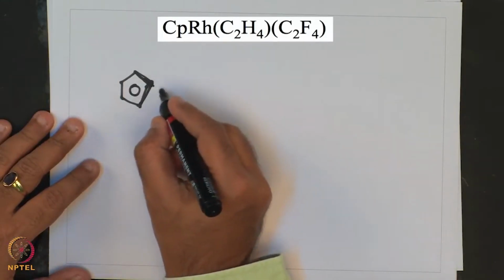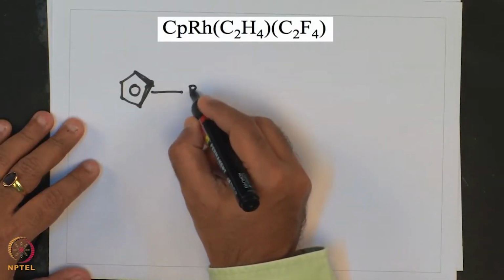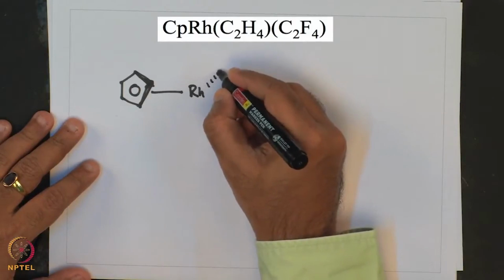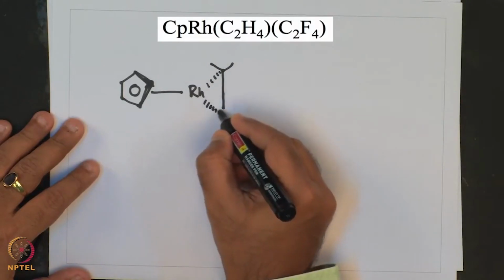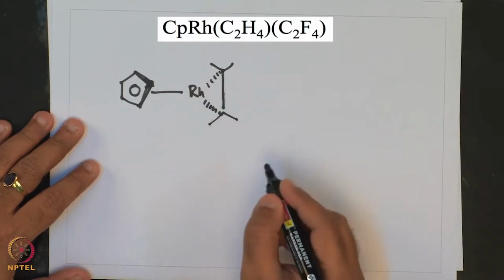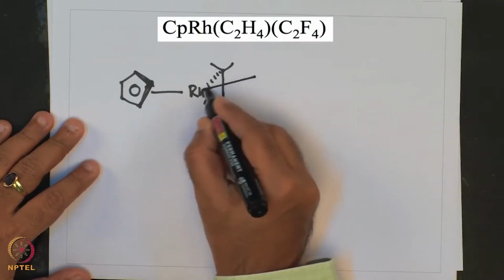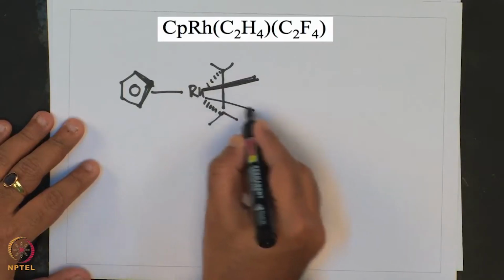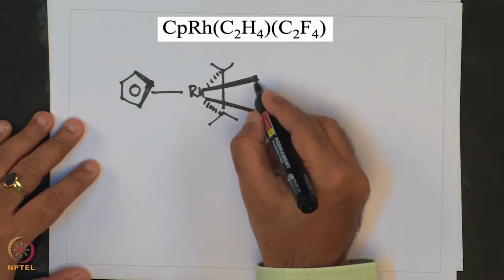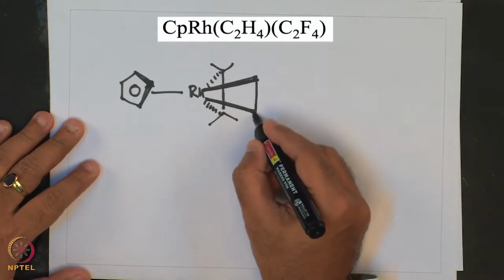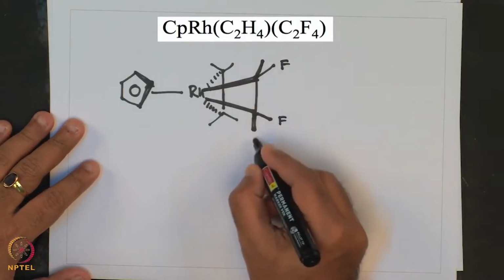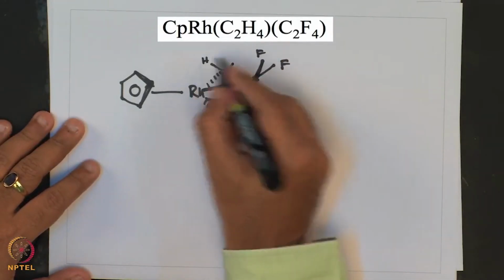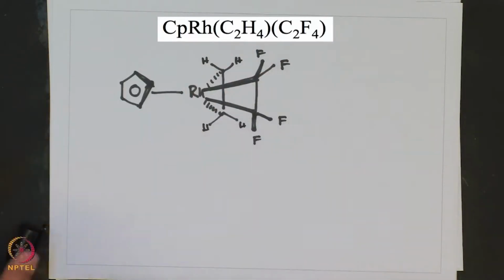So, here is this rhodium bound to four fluorines, and these are olefin containing two hydrogens.